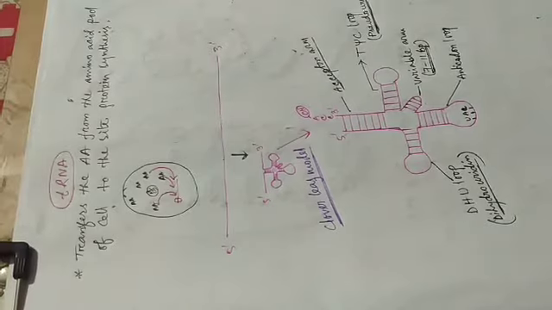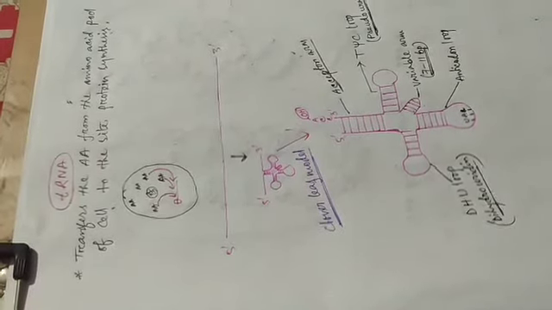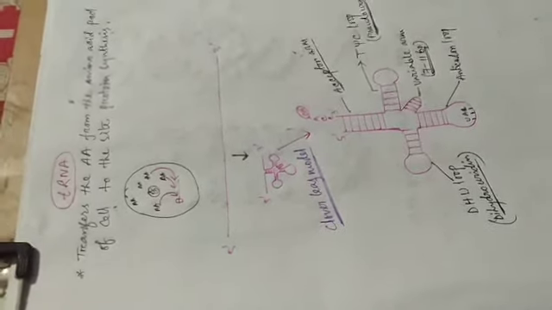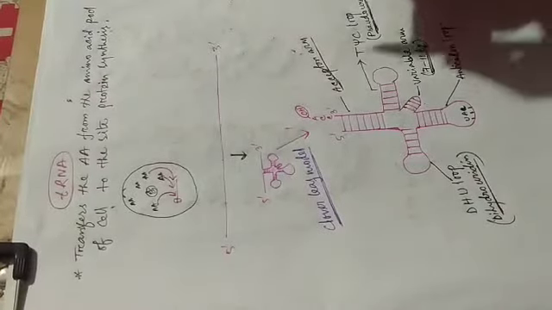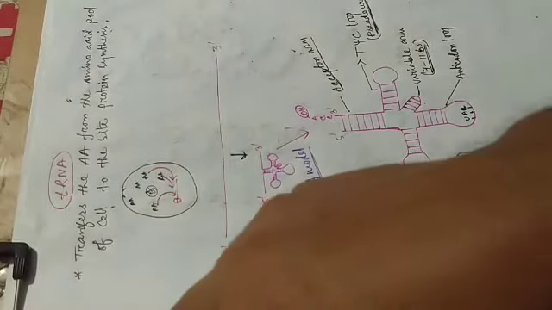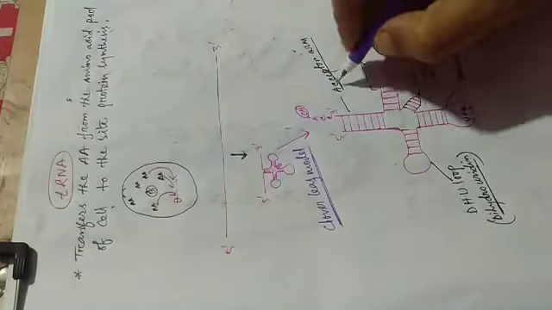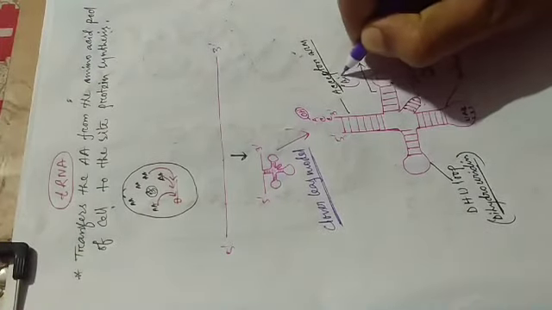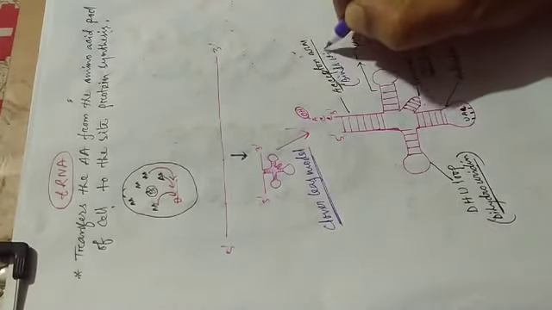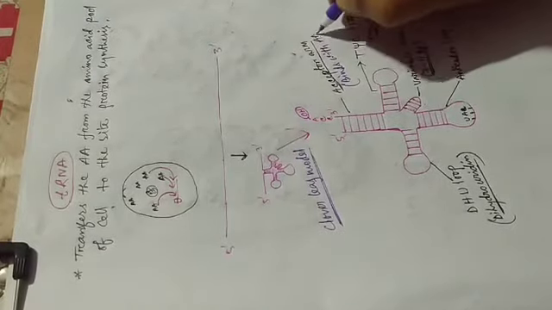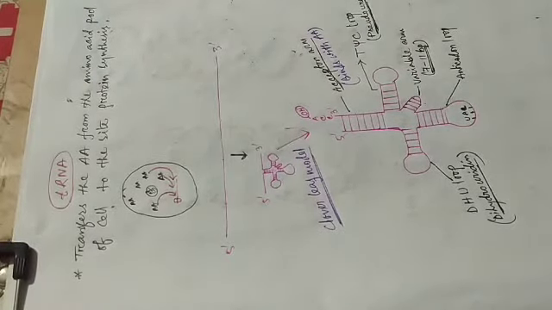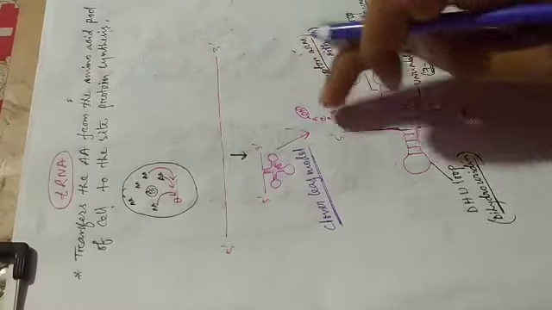Then come to the function of the different arms or loops of the tRNA. First, the acceptor arm. The acceptor arm binds with the amino acid. For that, the tRNA carries the amino acid.